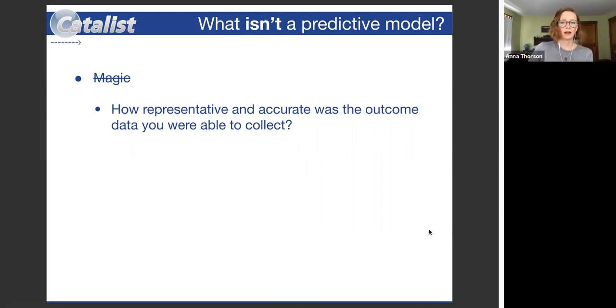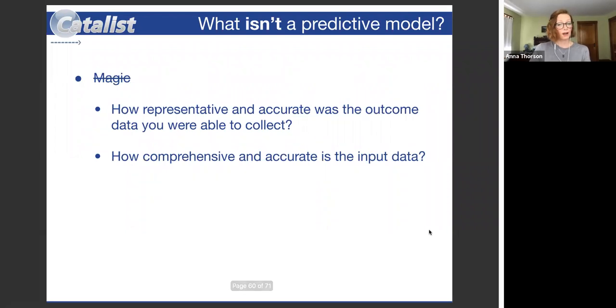Did you include texting as an option in your survey to get harder to reach populations? That kind of thing can cost some serious money, and that can be a blocker on getting really good representative outcome data. And so that's just a known limitation of models, is how good is your outcome data?